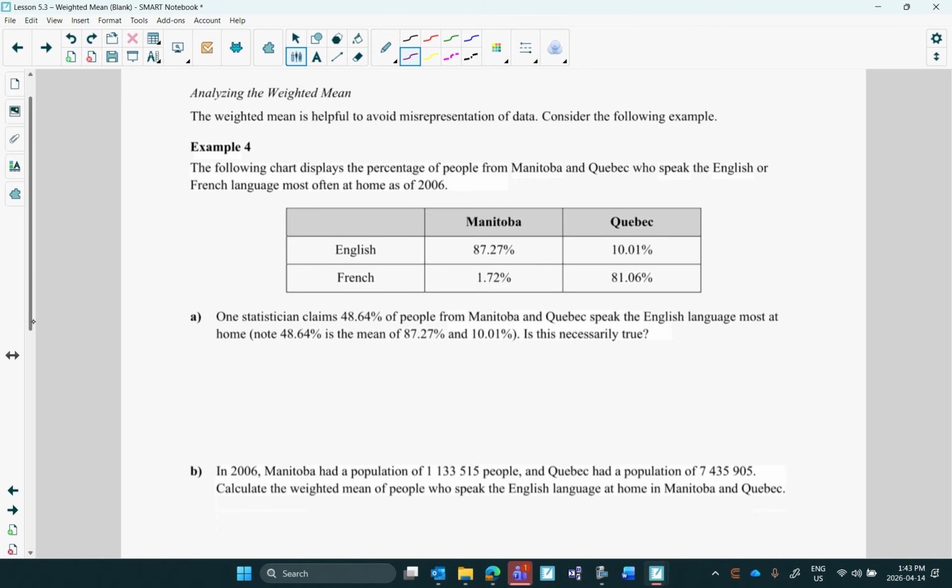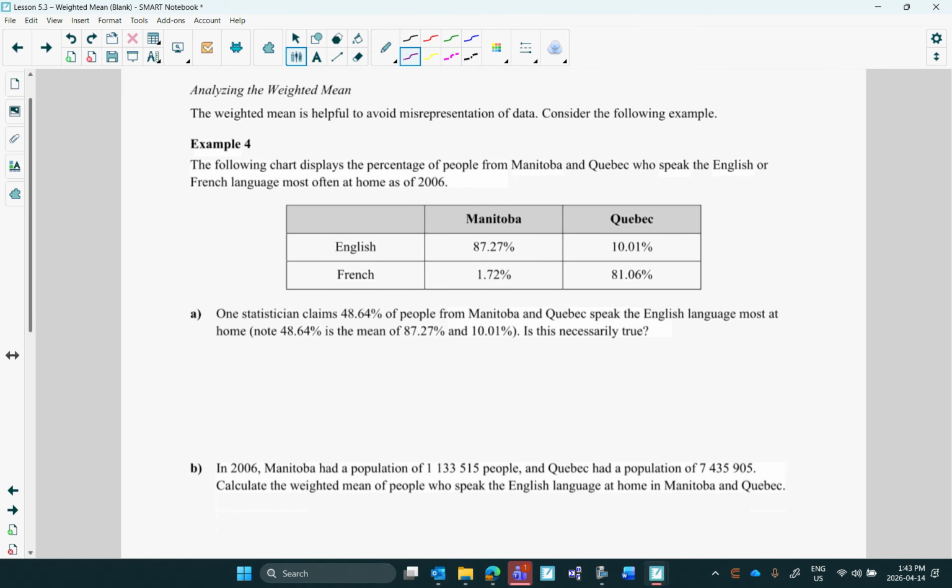So this is from 2006. In Manitoba, 87.27% speak English, 1.72% speak French. That's their language spoken at home. Obviously, this doesn't add up to 100% because there are other languages spoken, usually a smaller percent.